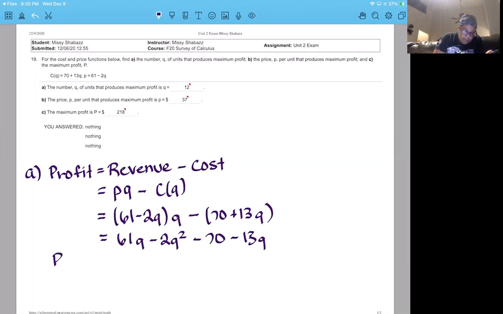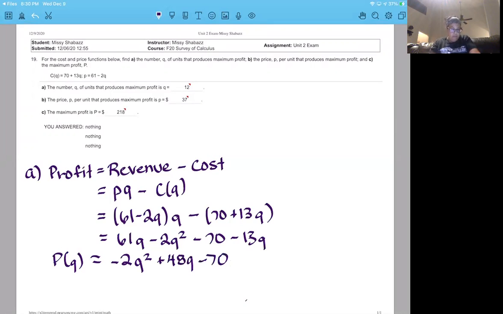So profit of Q equals 61 minus 13, so I have a negative 2Q squared plus 48Q minus 70. So here is my profit function. And part A asks us the number Q of units that produces our maximum profit.